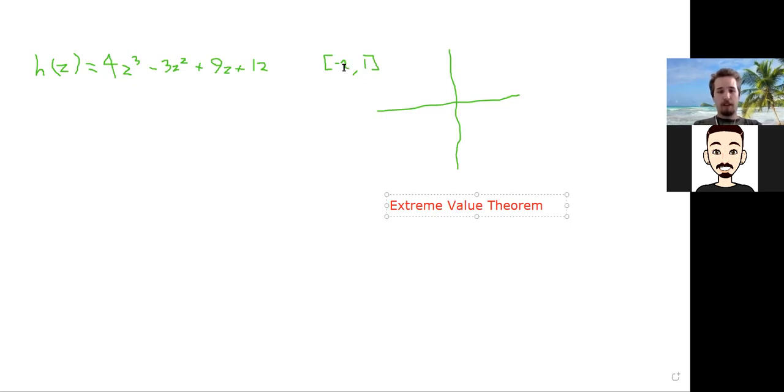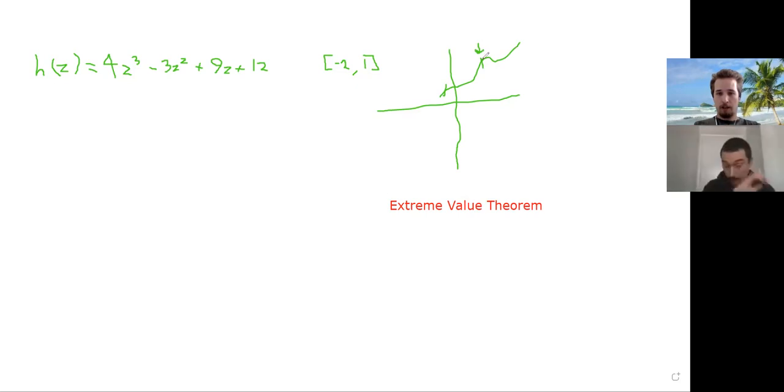So if this is -2 to 1, right? I don't know what the actual graph looks like, but if you have any particular graph, right, and it's asking from -2 to 1, it might be that the extreme is on the endpoint, this is the highest point.